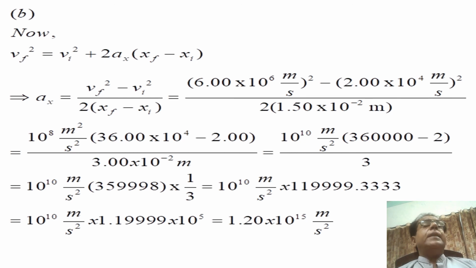This becomes 10^10 meter per second squared into 119999.3333, which becomes 10^10 meter per second squared into 1.19999 × 10^5.